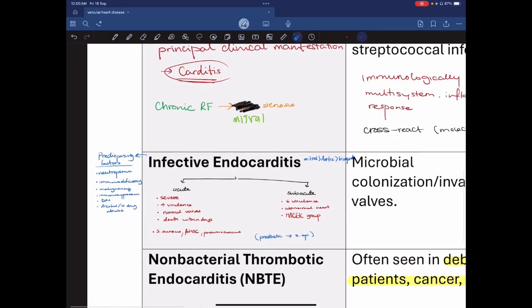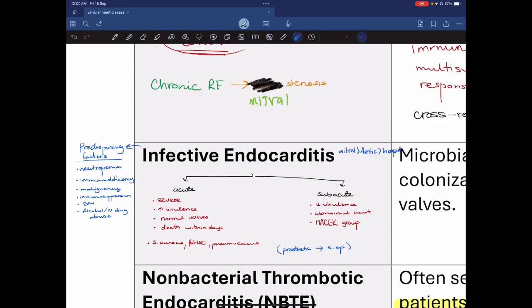What are the risk factors? As we said, the patient might be alcoholic or an IV drug abuser. He might be immunodeficient, so organisms will start to affect the valve because he doesn't have a very strong immune system. There might also be a problem in the valve itself.